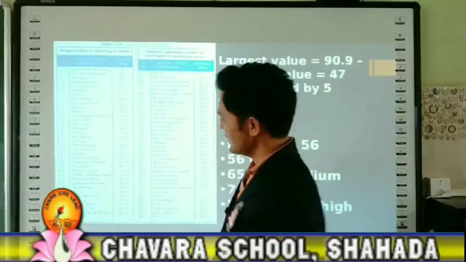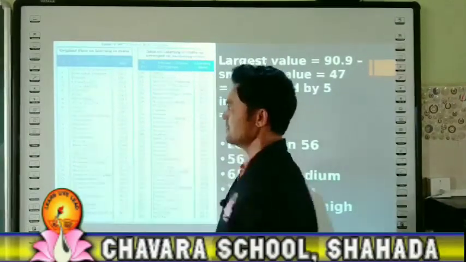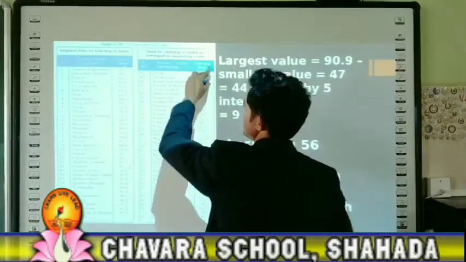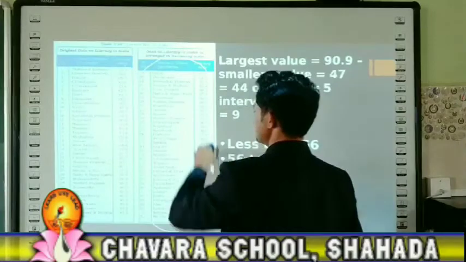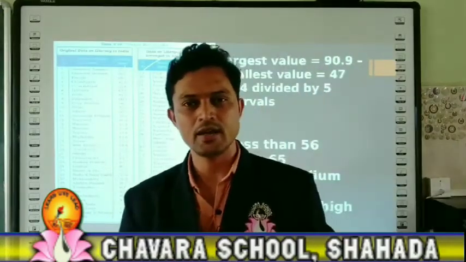And after gathering that information, as shown in the first column of the table, she has to arrange that information in ascending or descending order in order to get the smallest and largest value.